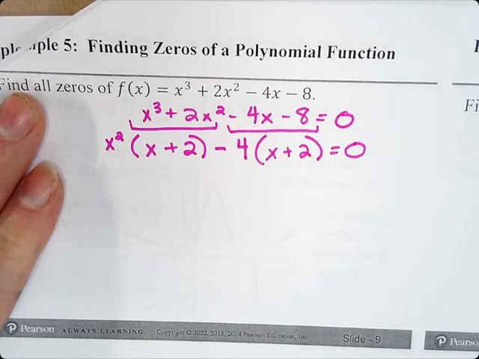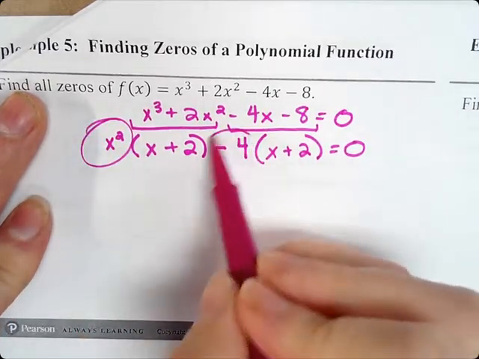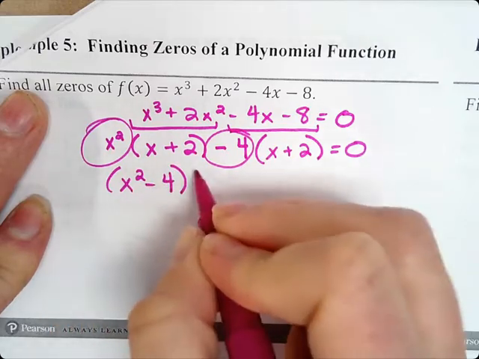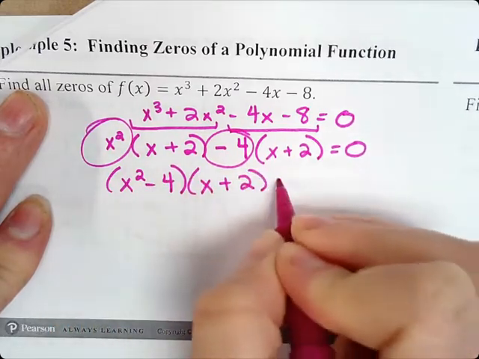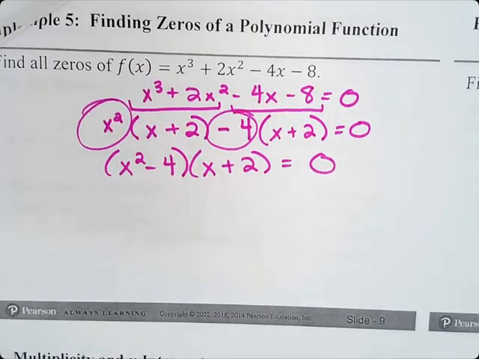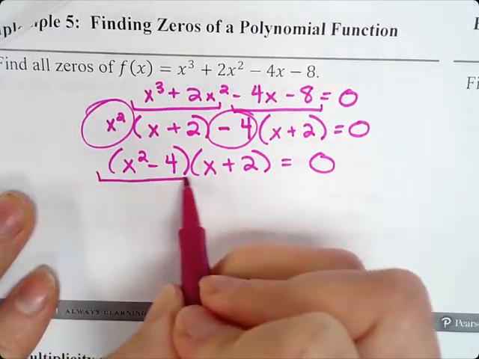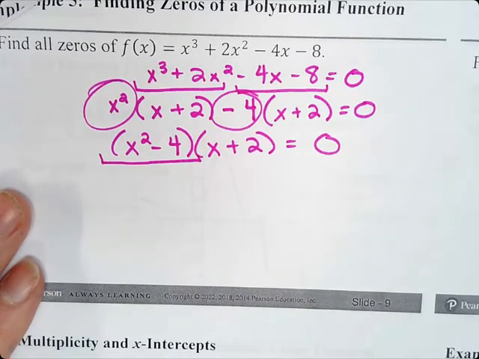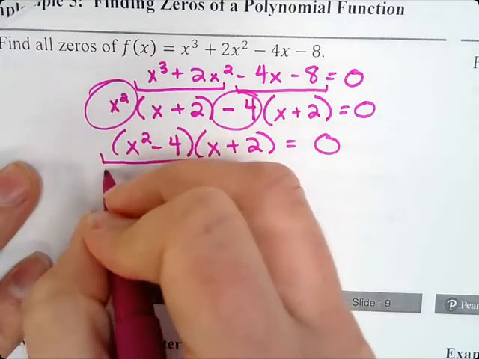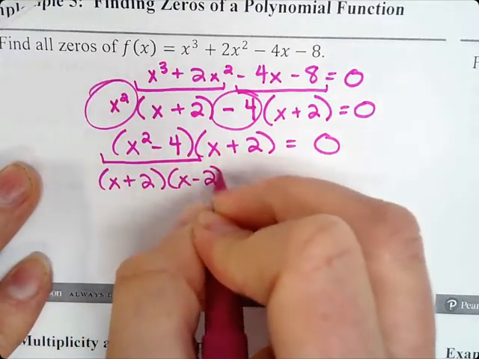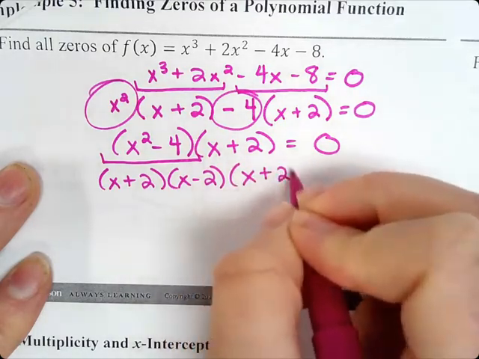So when we do factor by grouping, this is what we put in parentheses, x squared minus 4, and then we put x plus 2 equals 0. I'm going to factor even further because this is a difference of squares. Because x squared is a perfect square and 4 is a perfect square. So this can be written as x plus 2, x minus 2, and then just carry down the x plus 2 equals 0.